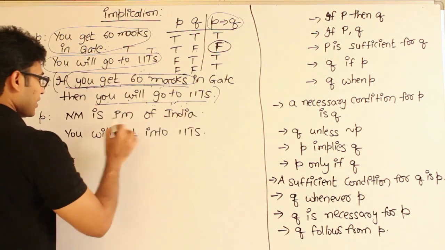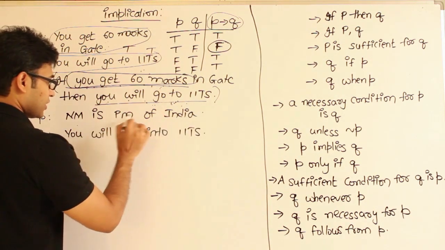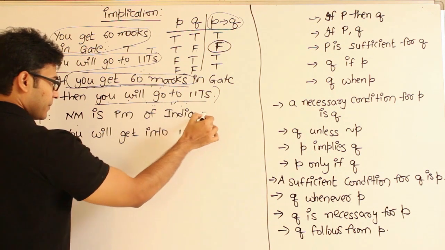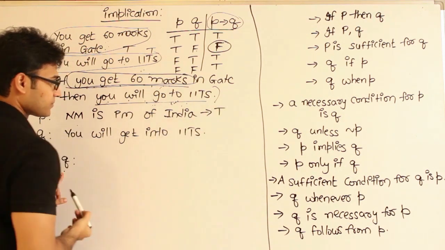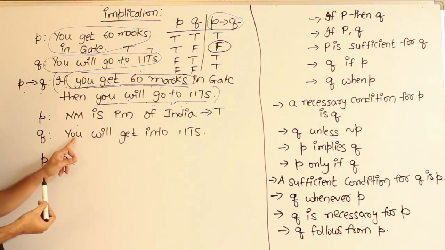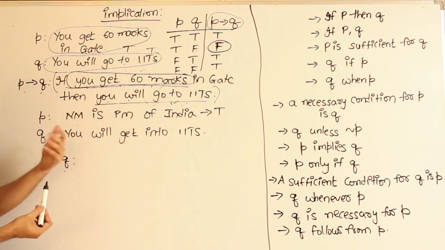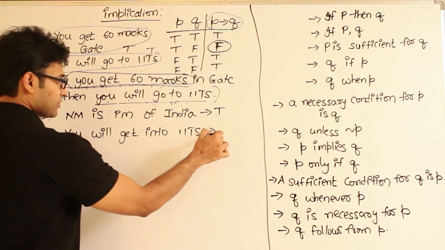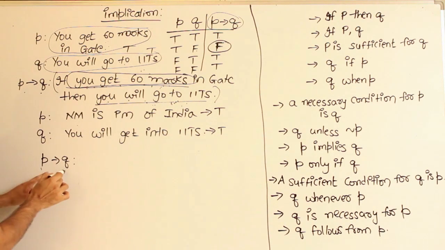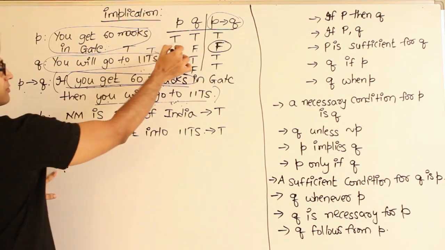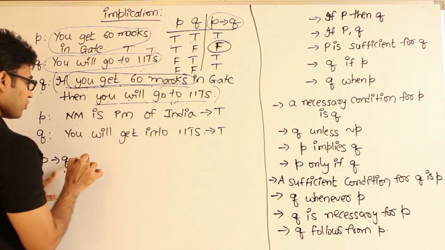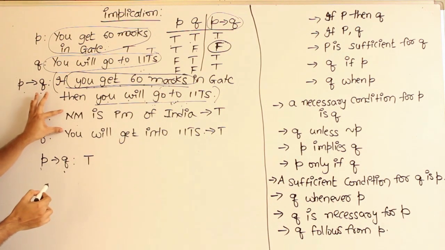For example, what about Narendra Modi is PM of India? Let us say this is true, right? And what about this? You will get into IITs. That depends. Let us say it also happened, right? Then what is the truth value of P implies Q? P implies Q truth value is true. Therefore, don't try to use your normal English.